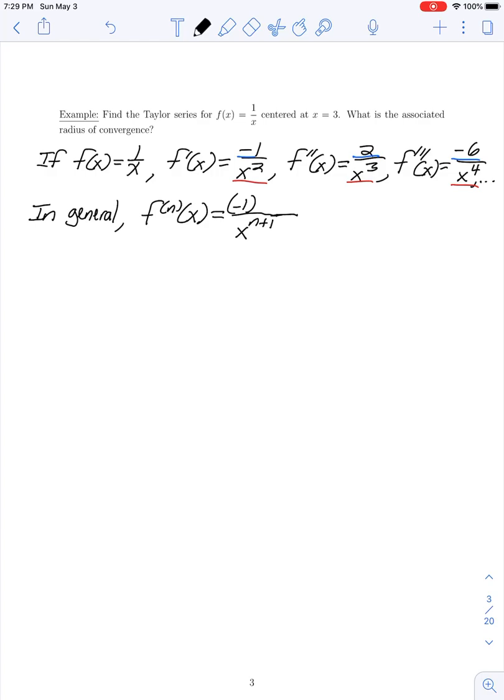And let's think about which order derivatives we want to be negative. So here it was the first, the third, the fifth, so all of the odd ones should be negative. So we're going to take -1 to the nth power. So if n is odd, we have a -1. If n is even, we have a +1.